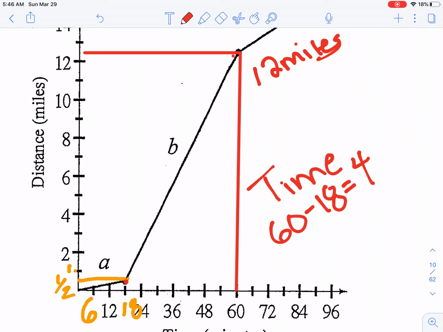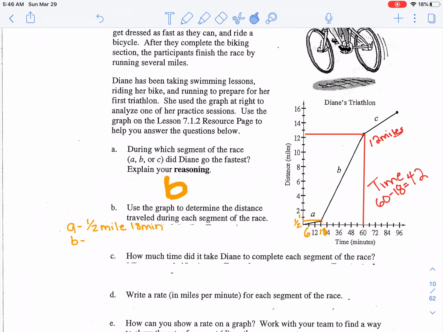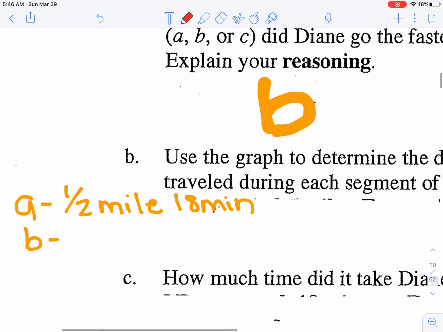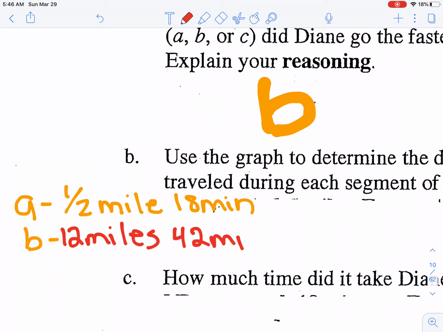And her time was 42, right? Back over here to B, she went 12 miles in 42 minutes.